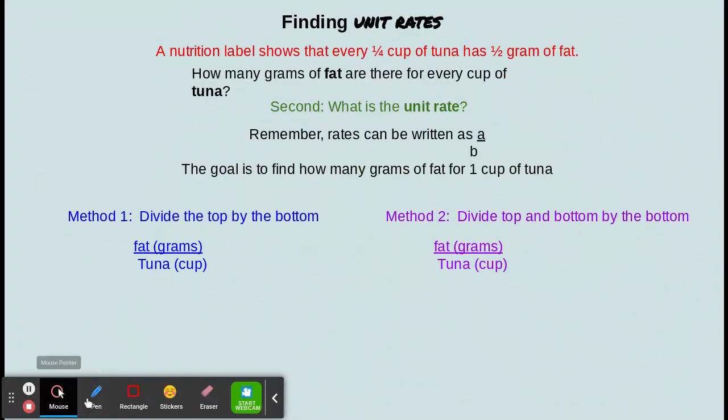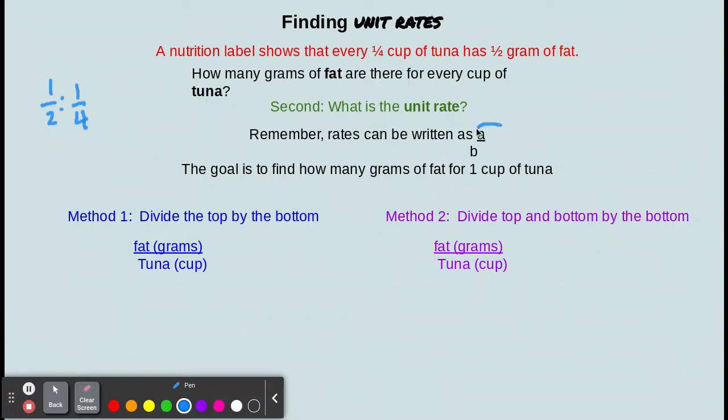Let me quickly write that down before I forget. 1/2 to 1/4, that was our rate. Our rate can be written as a fraction like this, A over B. Here's our A, here's our B. So it can be written as 1/2 over 1/4.